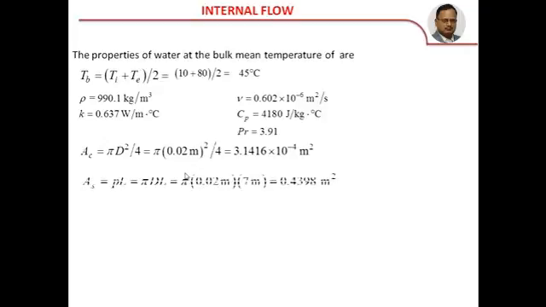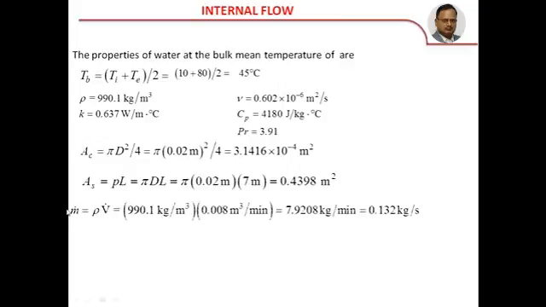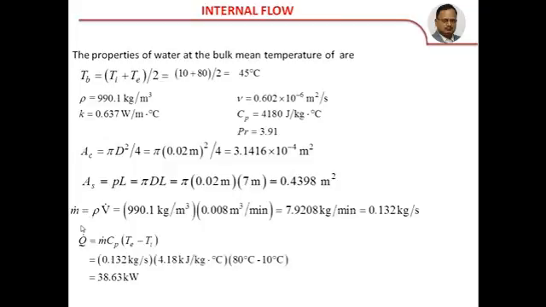The figure is like this. Water enters at 10 and leaves at 80. So the bulk fluid temperature is 10 plus 80 by 2, which is 45. The heat flux is something like this, so the wall temperature also increases. Take the properties at the bulk mean temperature.